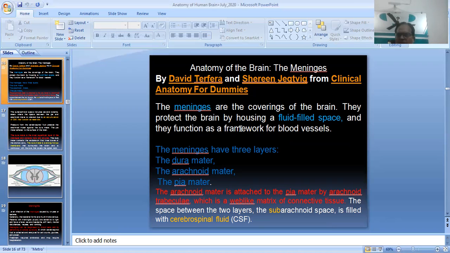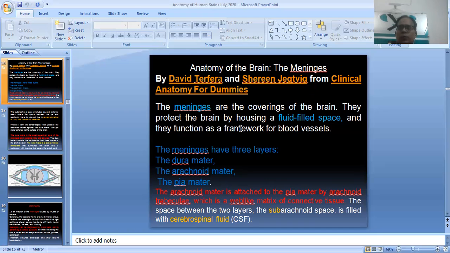The arachnoid mater is attached to the pia mater by arachnoid trabeculae, a web-like matrix of connective tissue. The space between the two layers, the subarachnoid space, is filled with the cerebrospinal fluid.